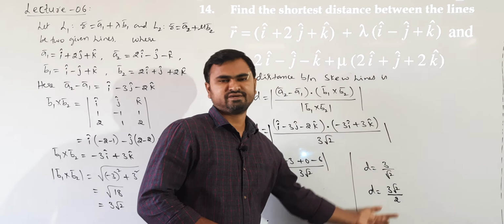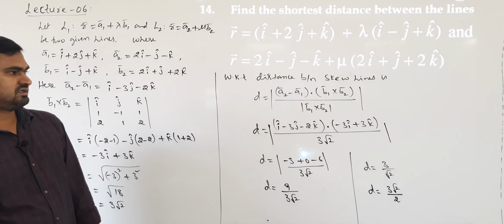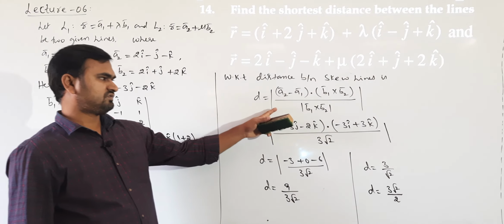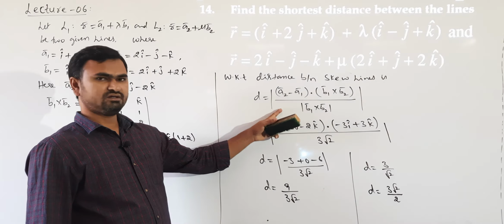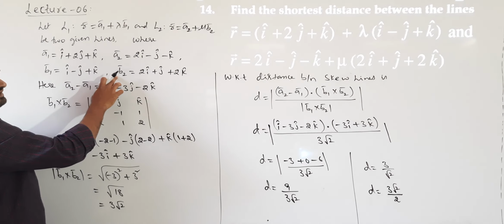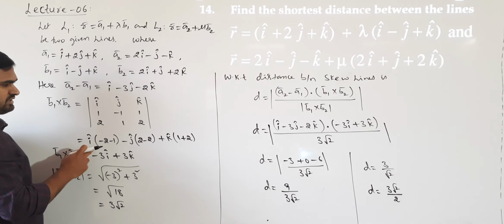Understand? So you have to remember the formula for the distance between skew lines. Since the equations are given in vector form, we write the formula in vector form. Simply identify the lines, compare with the standard form, and find a1, a2, b1, b2.